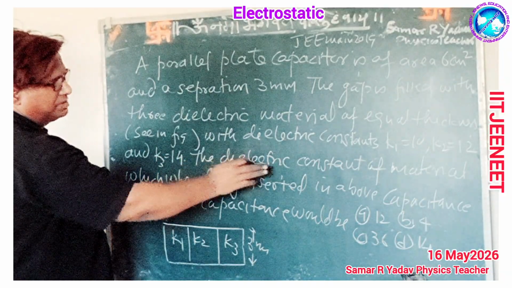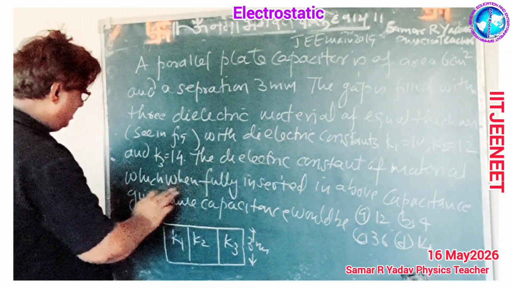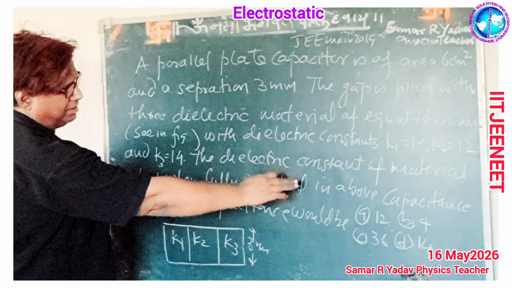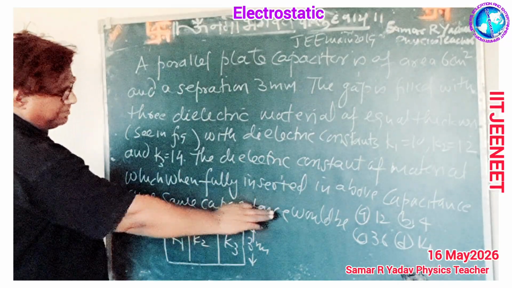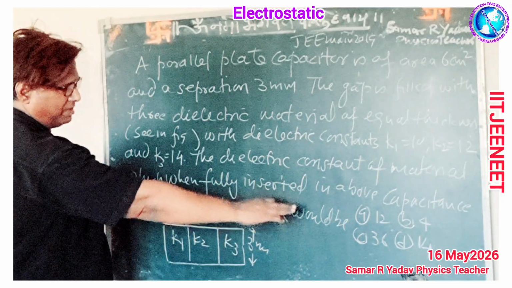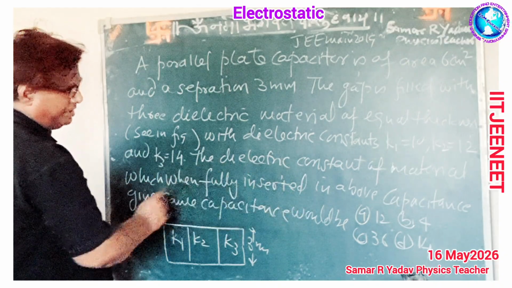The dielectric constant of the material which, when fully inserted in the above capacitor, gives the same capacitance would be dash. There are 4 options given: A 12, B 4, C 36 and D 14.